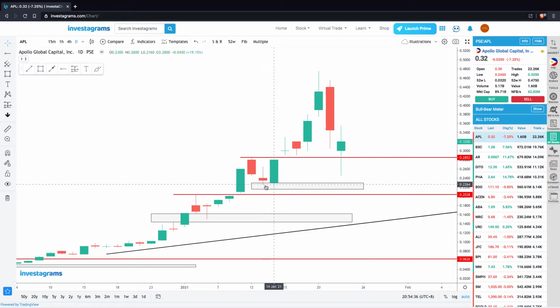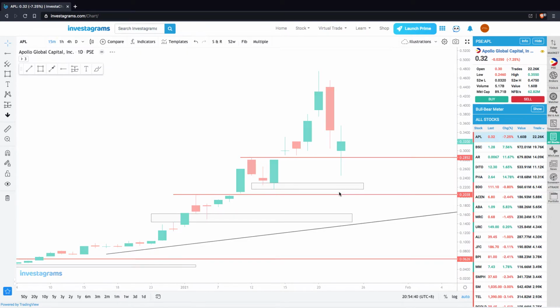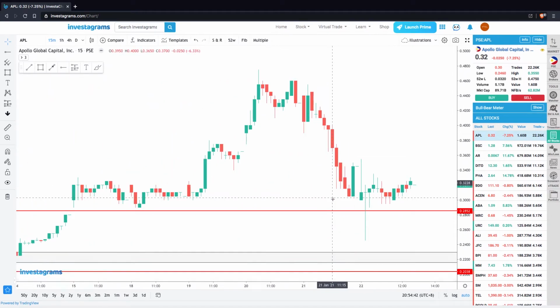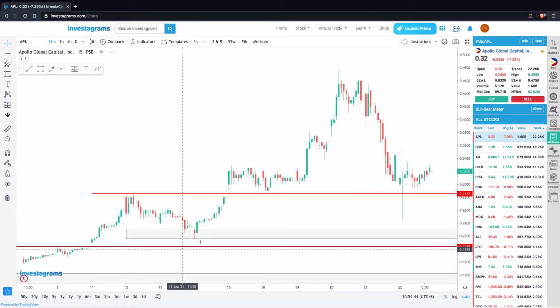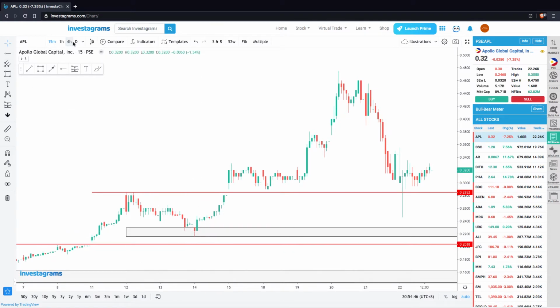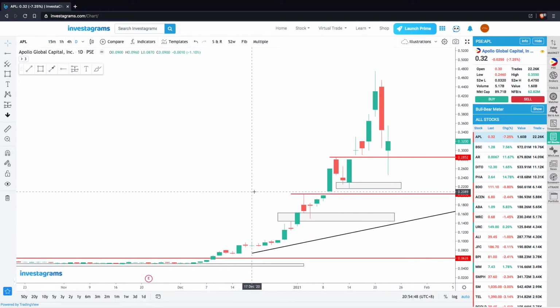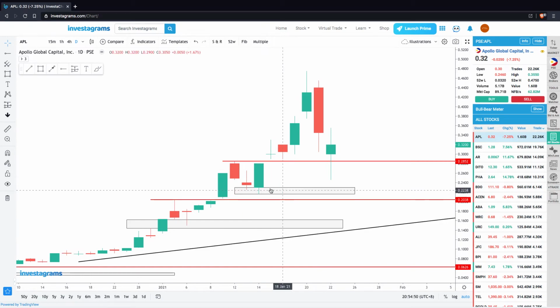I like to include my wicks, the bottom of the wicks, because if you go on a lower time frame, you will have more context as to what happened on that area. But if you're on a bigger time frame, it just looks like a wick, so I like including that anyway up until the body, and call that my area of support.